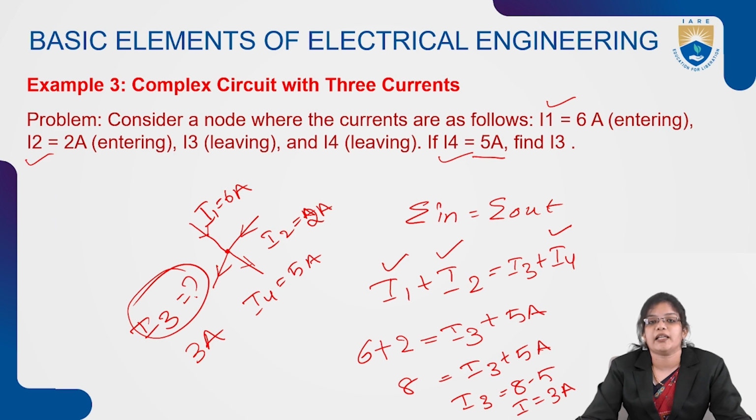Kirchhoff's current law states that the sum of the amount of currents entering into the junction is equal to the amount of currents leaving out of the junction. So here we have seen how to calculate the currents by using Kirchhoff's current law.